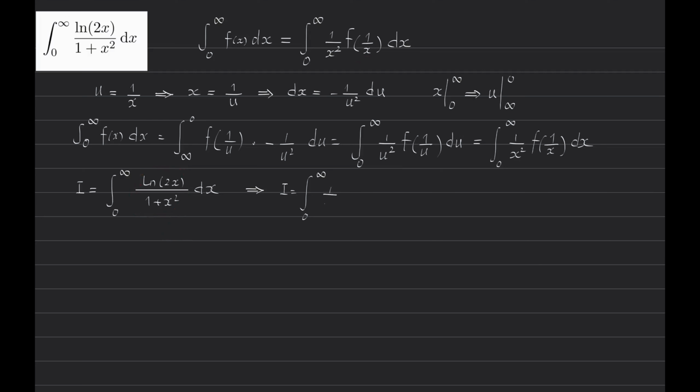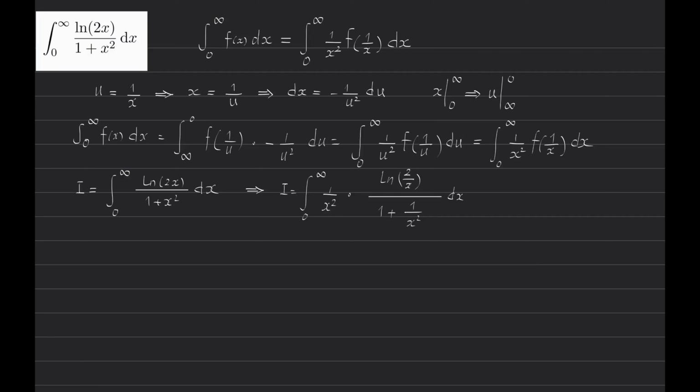I will put 1 over x squared multiplied by, everywhere I see x, I put 1 over x. So it becomes ln of 2 over x, and then I will have 1 plus 1 over x squared, and then I have dx. Now I multiply by this x squared here.